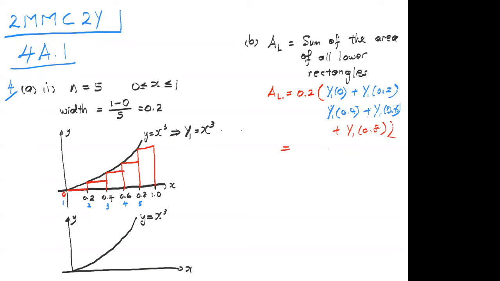I also go by the width first. Always start with the width from 0. What is the next one? 0.2. Then the next point will be 0.2 plus 0.2, that is 0.4, 0.6, 0.8, and here is your 1.